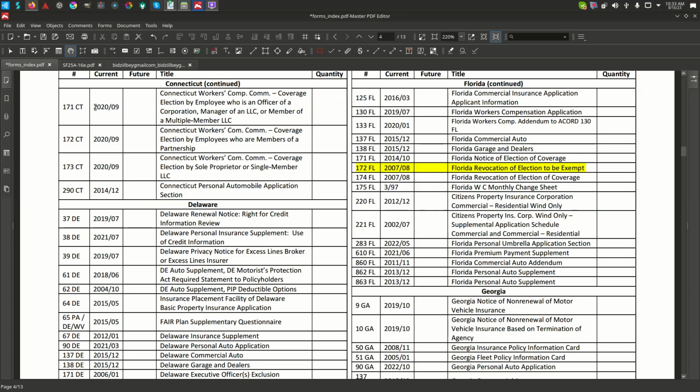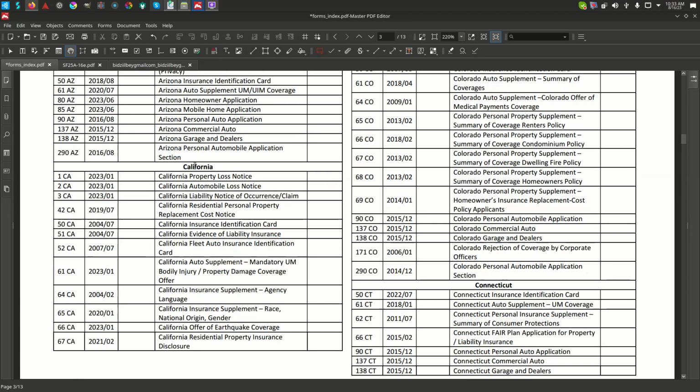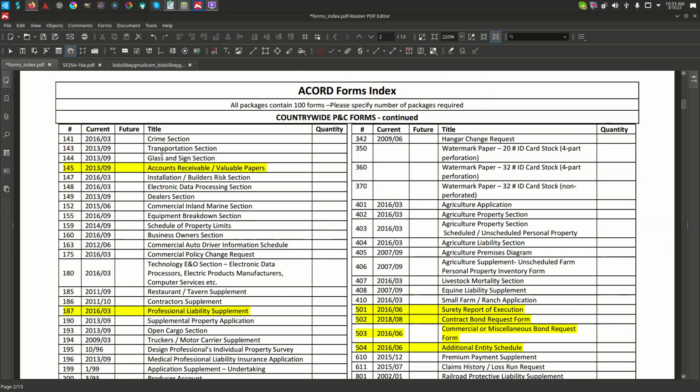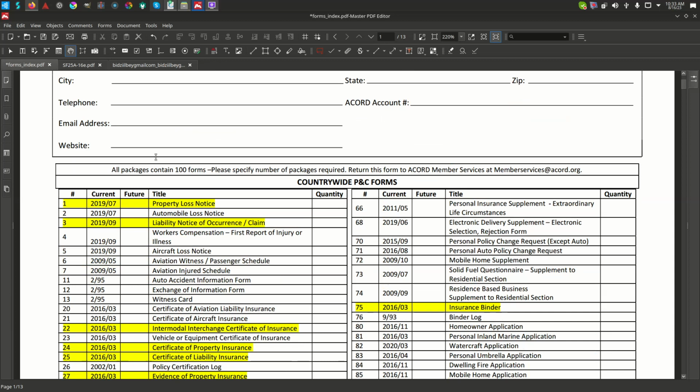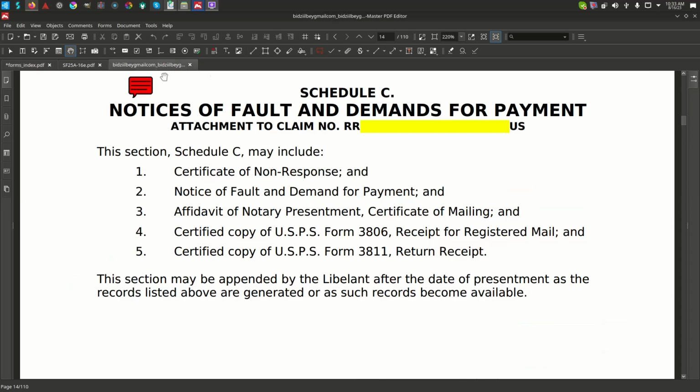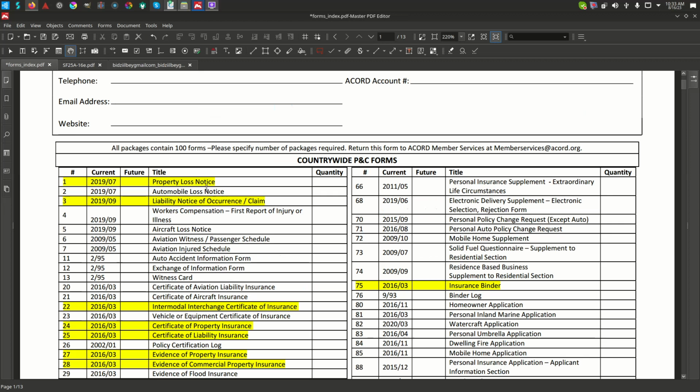Well, if you cross-reference this form here, you're probably going to file an ACORD Form number 1, which is what? Property loss notice, and also a number 3. So when you actually go through arbitration, these forms become the reinsurance.